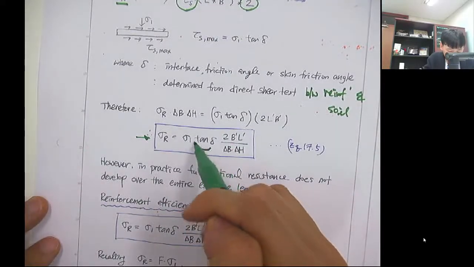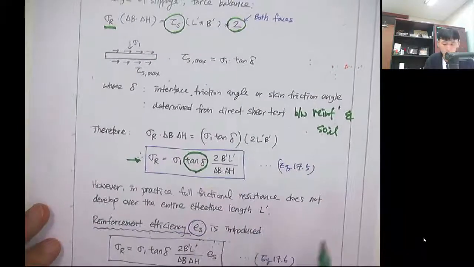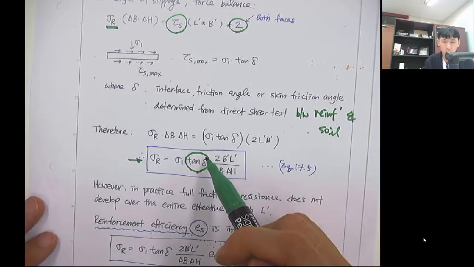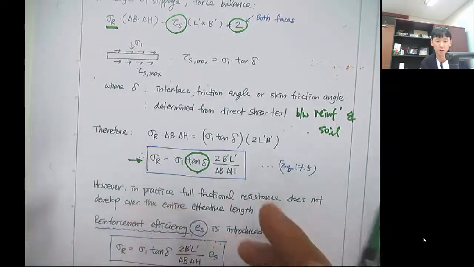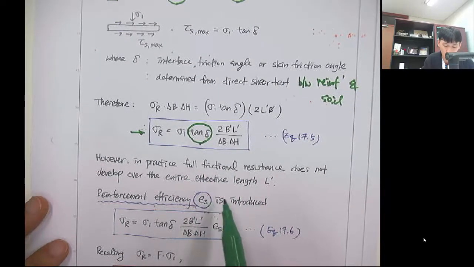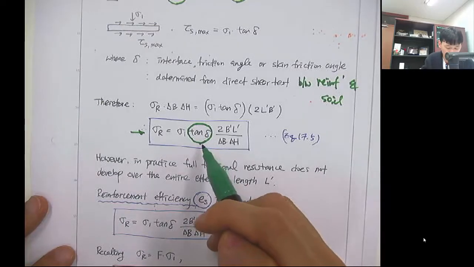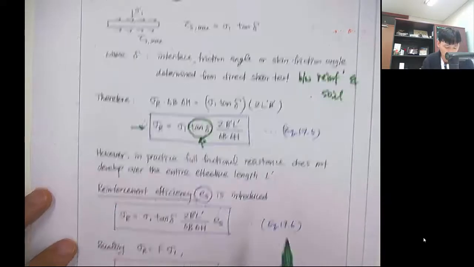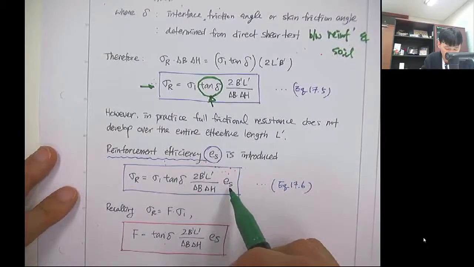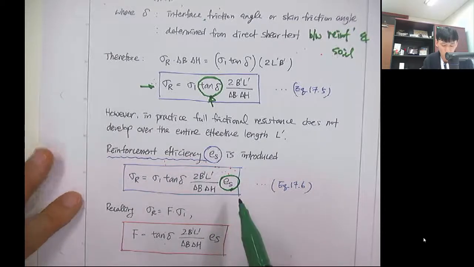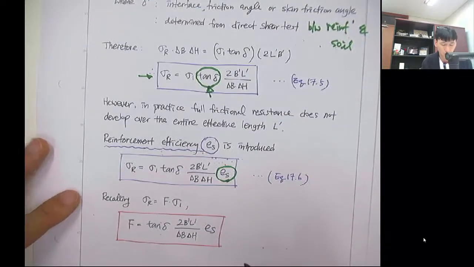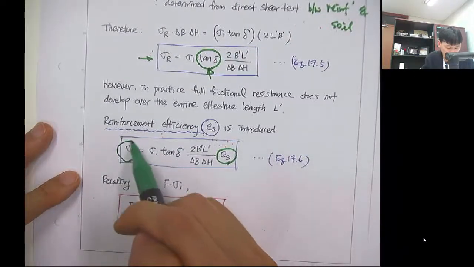However, when you think about this tangent delta, and tangent delta is from the direct shear test, so that's the case that these parameters will be determined from the location where failure occurs. But in practice, full frictional resistance does not develop over the entire effective length. So you'll always have less than this value. So a reinforcement efficiency parameter is introduced, ES. By multiplying this ES into this equation, it will give you a more practical and realistic value of the reinforcement stress, sigma r.